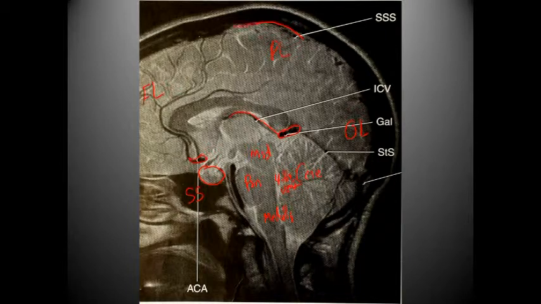The superior sagittal sinus runs on the superior portion of the brain, and the straight sinus runs almost in the same area where we would anticipate seeing the tentorium cerebelli.